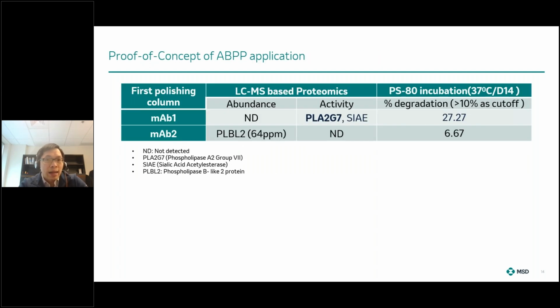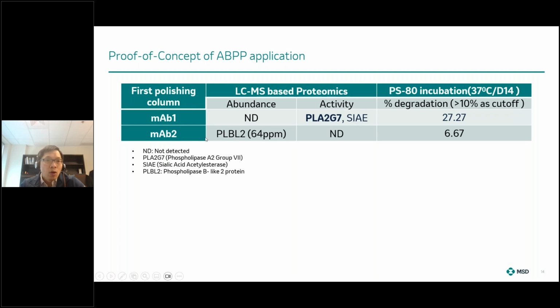In this case study, there were two mAbs. One of them had significant polysorbate degradation in the incubation study. If we run abundance proteomics, we do not identify really any HCPs. But if we run activity-based proteomics, ABPP, we are able to identify two lipases or esterases.